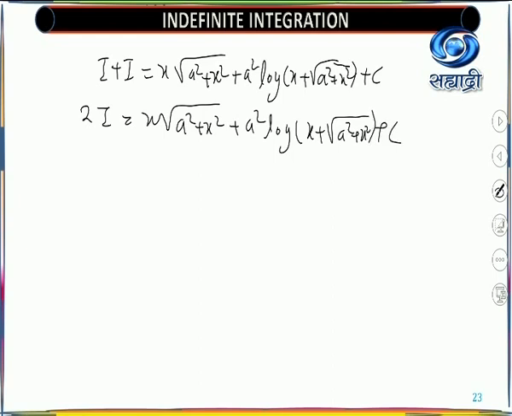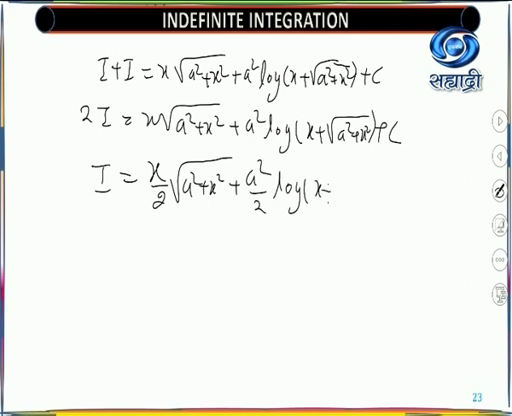Now if you divide throughout by 2, you will get I equal to x by 2 root of a square plus x square plus a square by 2 log of x plus root of a square plus x square plus constant of integration divided by 2. But what will I write? I will write C dash, or capital C, whatever it may be.